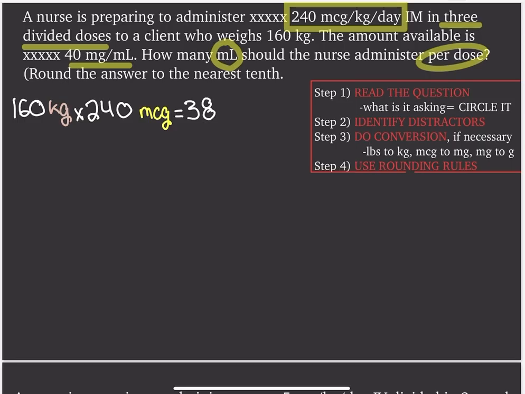And that gives us 38,400 micrograms. And that's the total micrograms, the total amount of drug for the total weight of the patient.